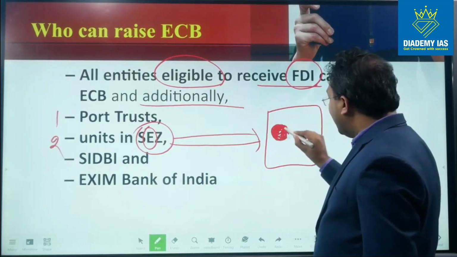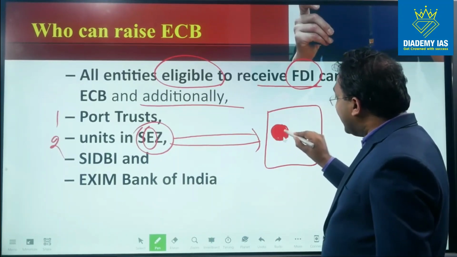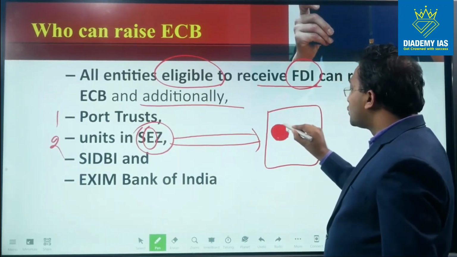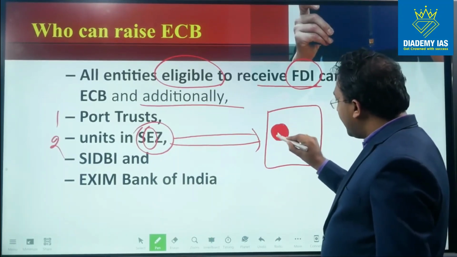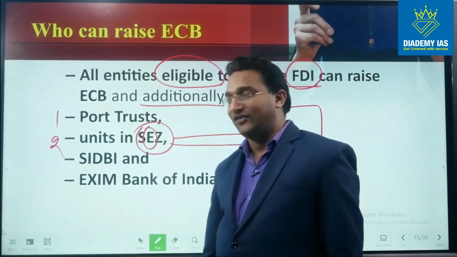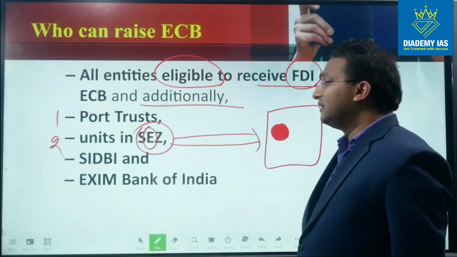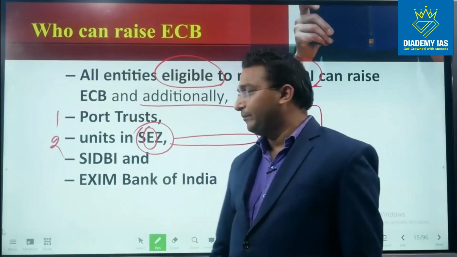So none of the Indian tax law is applicable in this area. So this provides an incentive for companies to do production inside India and still enjoy the benefit of foreign country tax benefits, right? So the units located in SEZ can raise money from ECB.